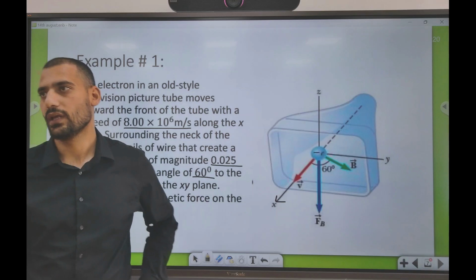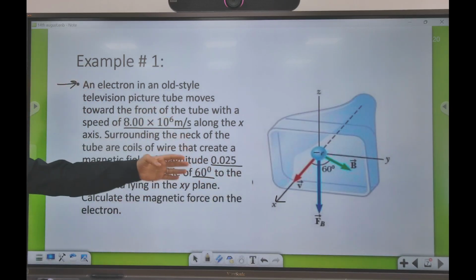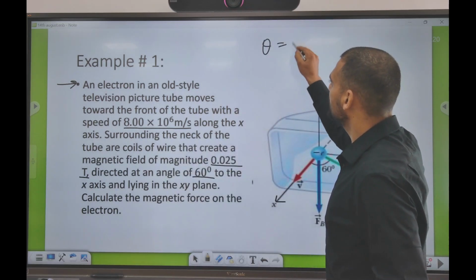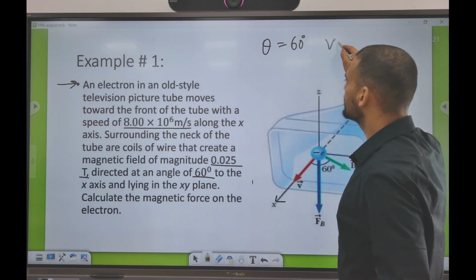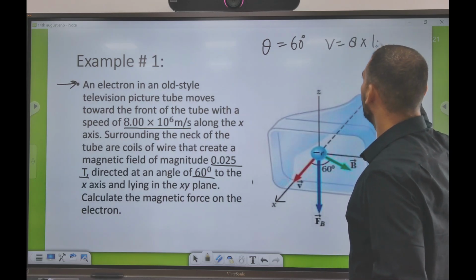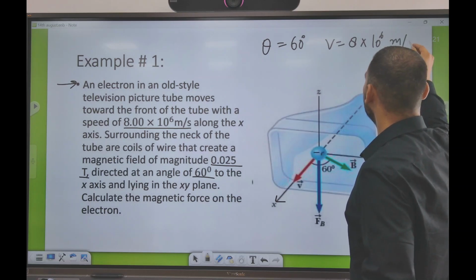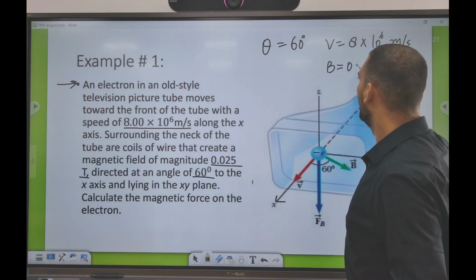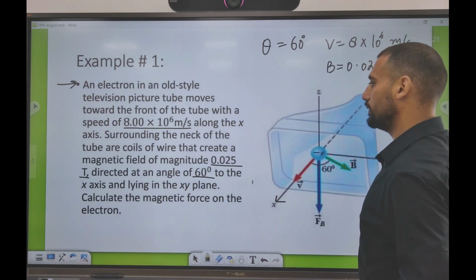Calculate the force on this electron when the angle is 60 degrees. Velocity is given as 8 times 10 to the power 6 meters per second, and the magnetic field is 0.025 Tesla.